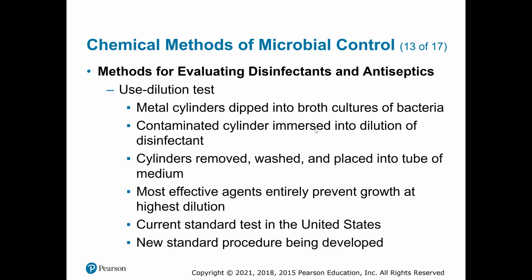And the idea is you want to find the most dilute version of that disinfectant that completely inhibited growth. And that's the concentration you would go at when you develop your disinfectant for mass production.